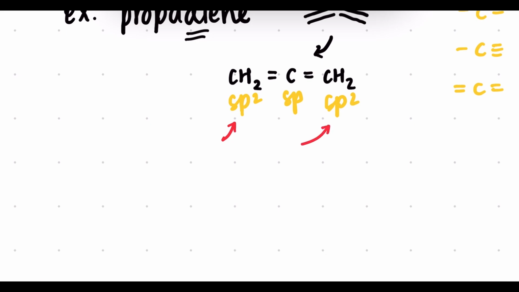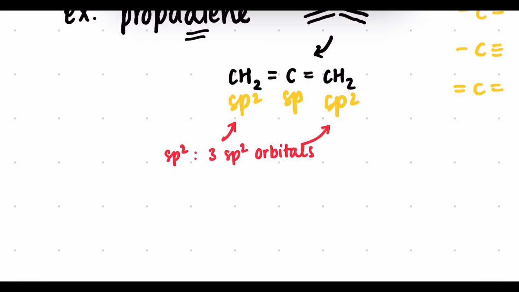We know that when a carbon is sp2 hybridized, it implies that there are 3 sp2 orbitals. And we also know that in an sp2 orbital, the composition is 1 s orbital and 2 p orbitals, which combine to make 3 sp2 orbitals.